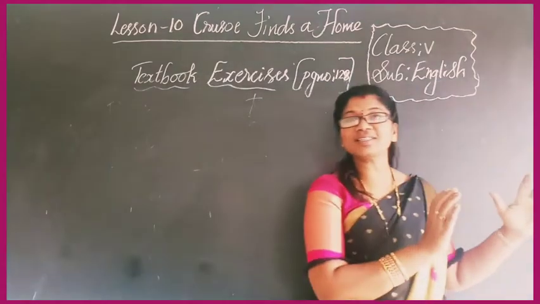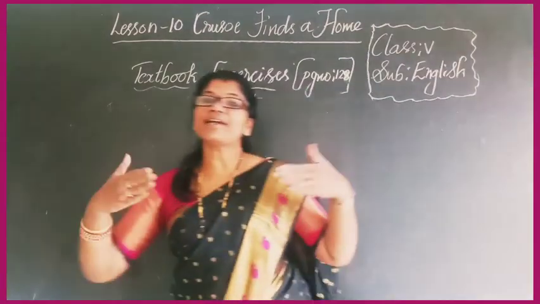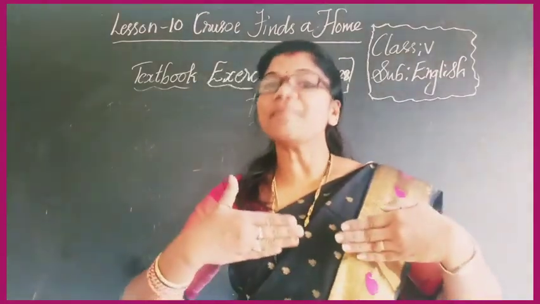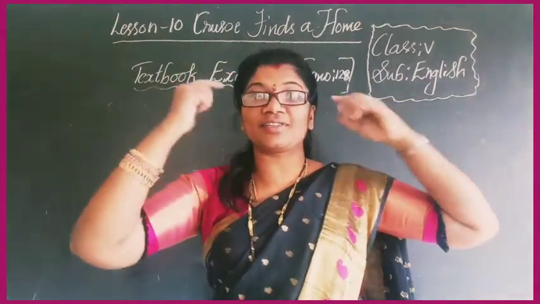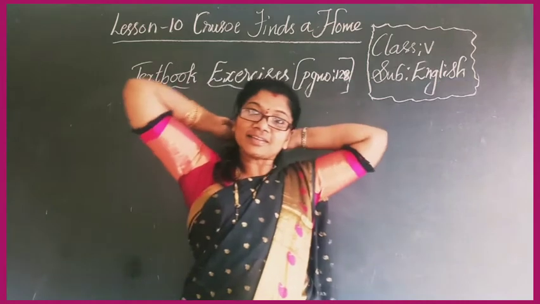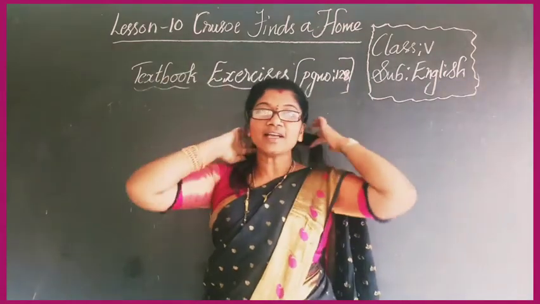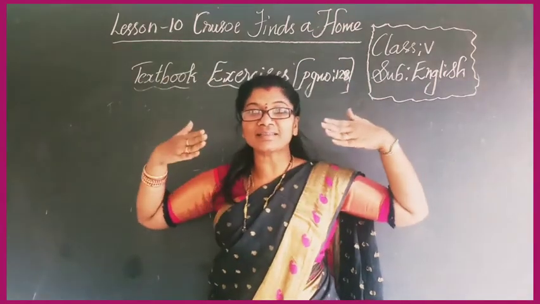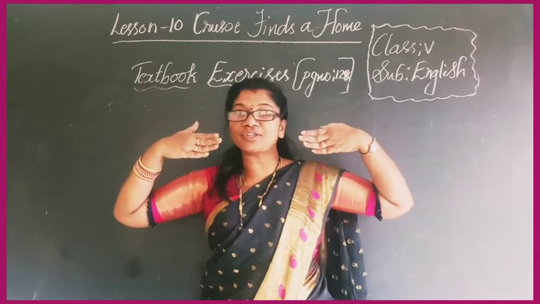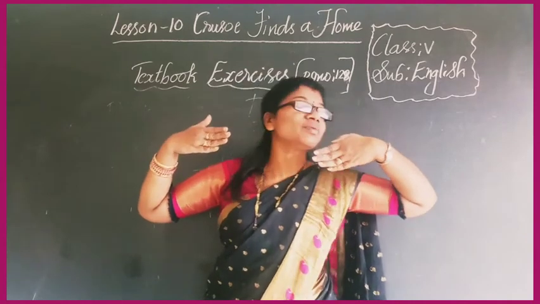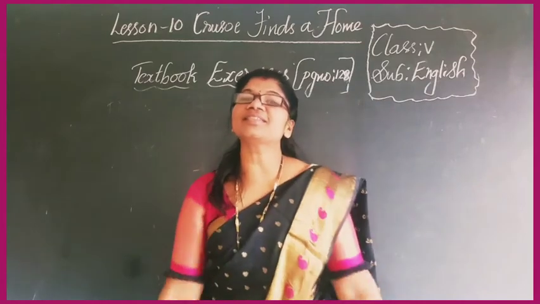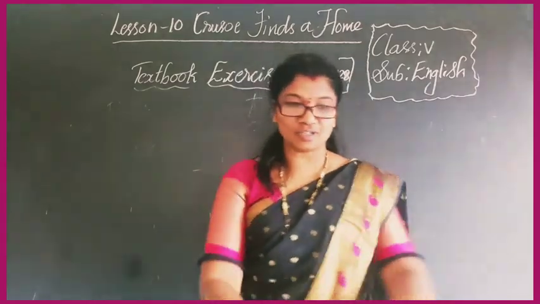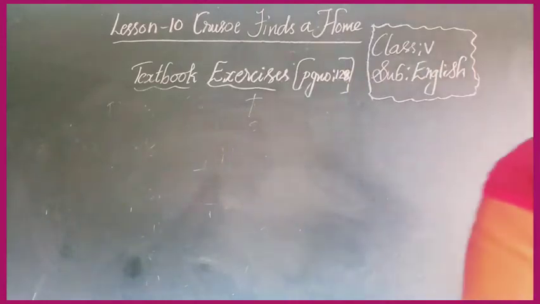One more sentence is she was playing in the ground. And how are you joining them? Think of my face as the conjunction, and these are two sentences. I met Asha when she was playing in the garden. So you are joining two sentences by using conjunctions like when and where also.